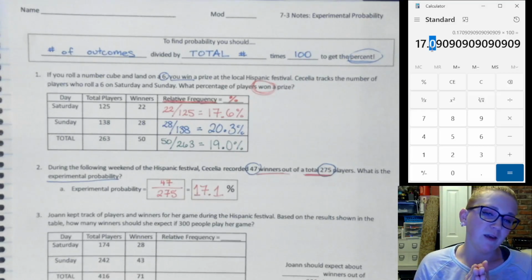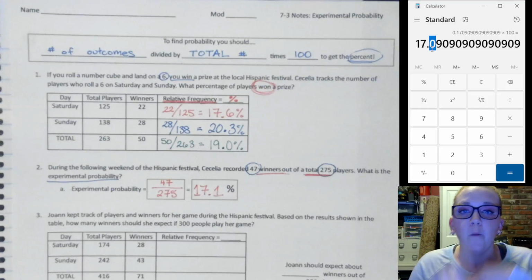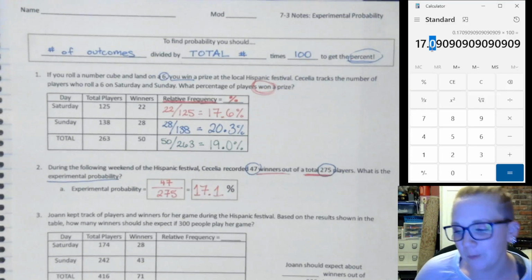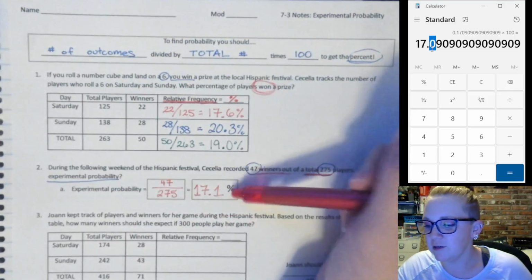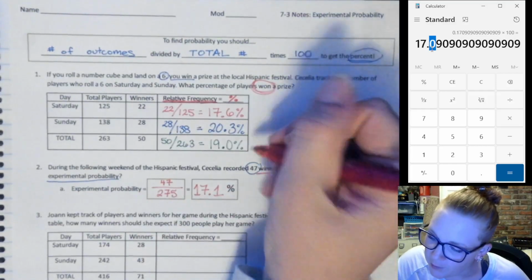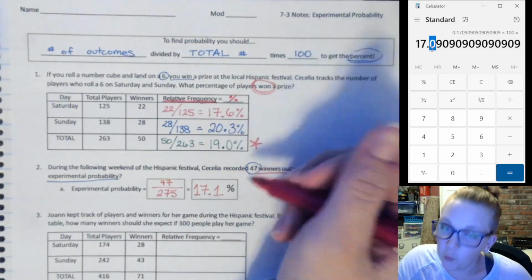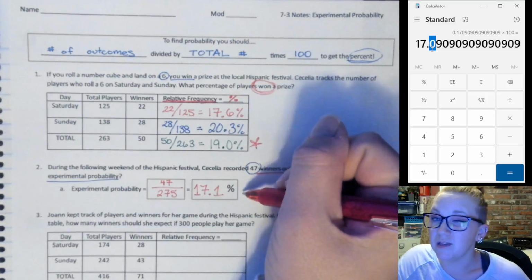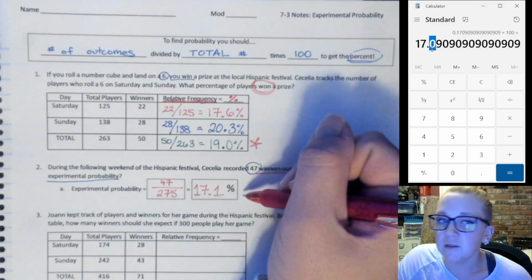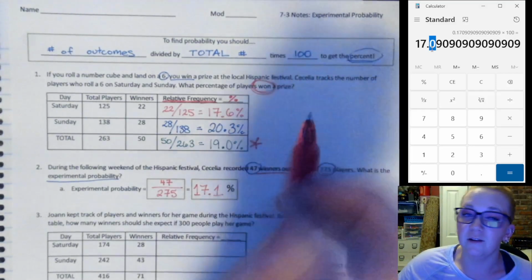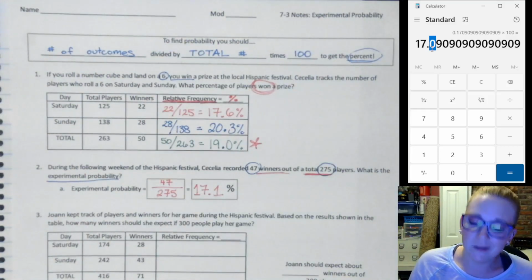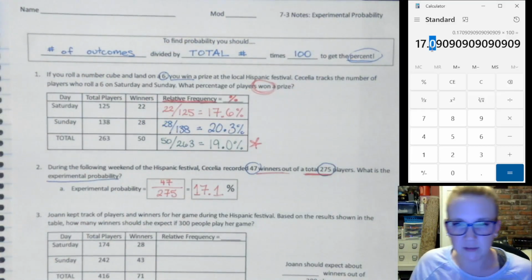Hopefully you said weekend number 1. Because when you look at the total percentages, we had 19%. Okay, 19% wins over 17%. It's higher. So we would have had a better chance winning on the first weekend than the second weekend. So hopefully that makes a little bit of sense.